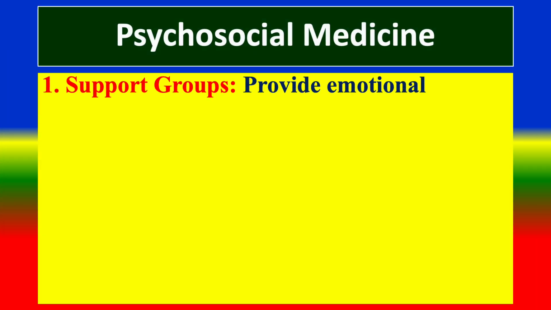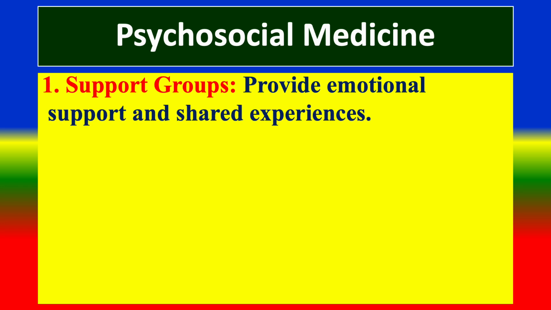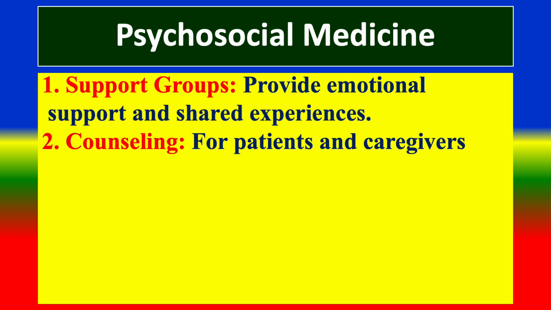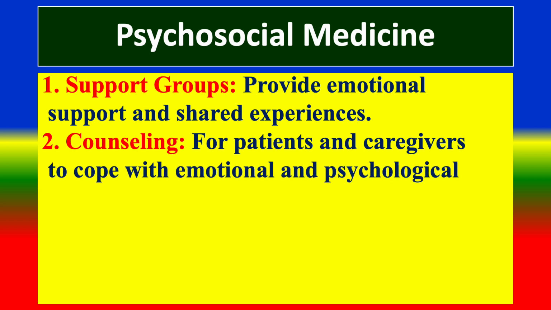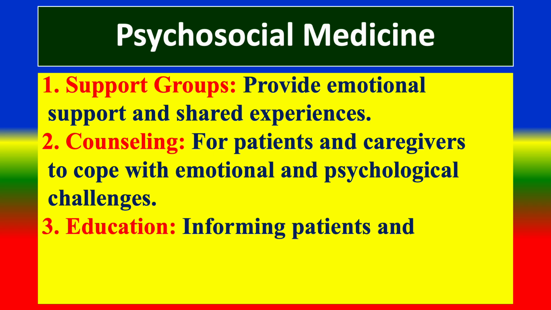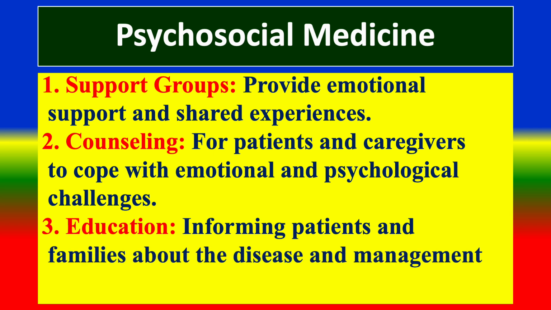Psychosocial support: 1. Support groups provide emotional support and shared experiences. 2. Counseling for patients and caregivers to cope with emotional and psychological challenges. 3. Education, informing patients and families about the disease and management strategies.